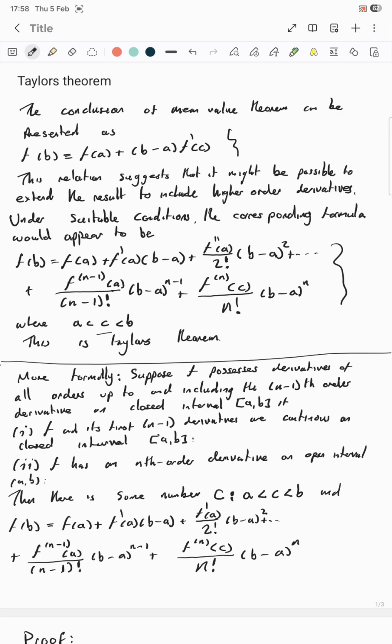Now more formally, suppose f possesses derivatives of all orders up to and including the (n-1)th order on the closed interval a, b.